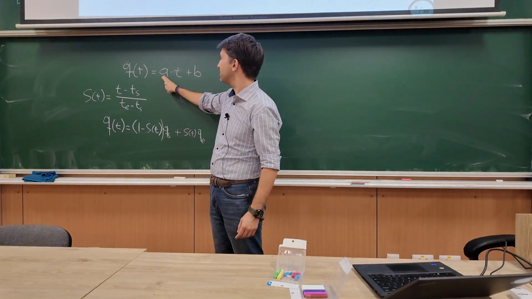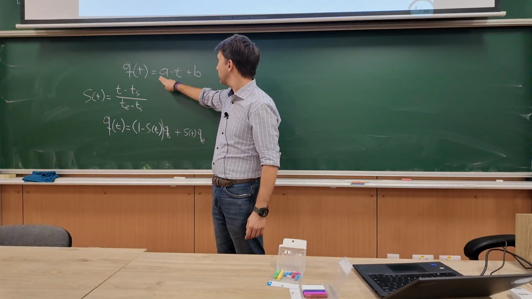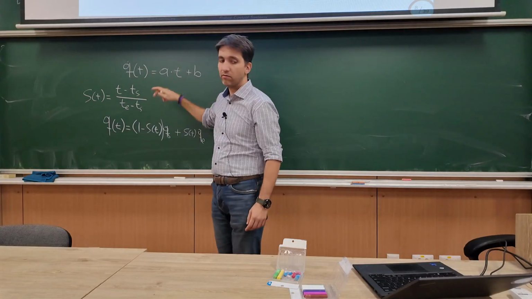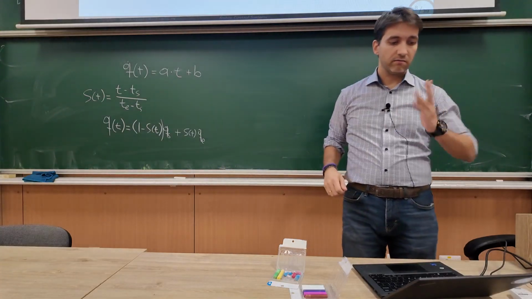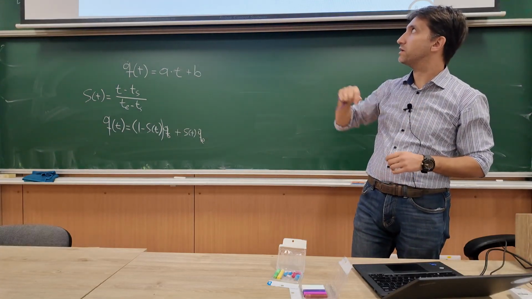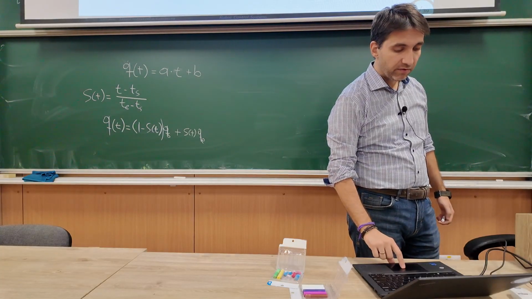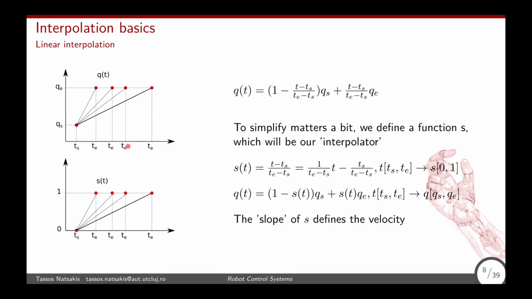I can change the slope by changing this value of A, and make the interpolation go faster or slower, but it will reach the same ending value. It's just going to happen at a different ending time. I can do this by changing the difference between starting time and ending time. If I squeeze these two closer together, then I will have a quicker transition.